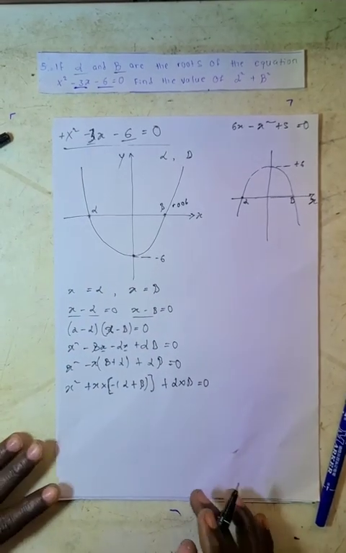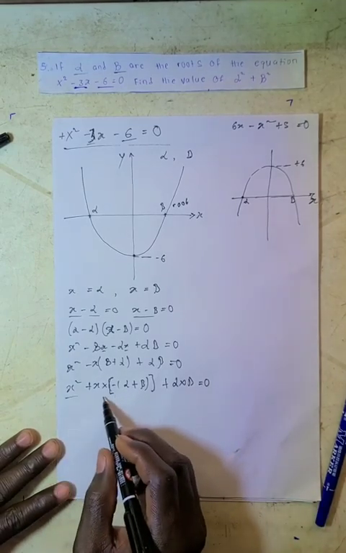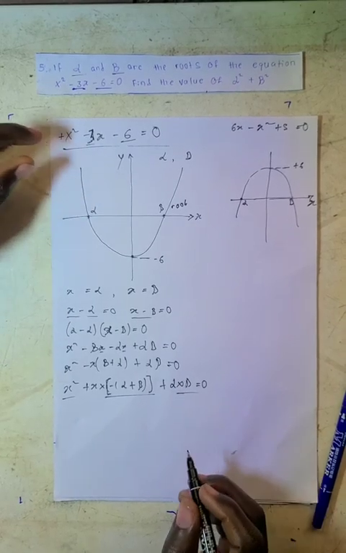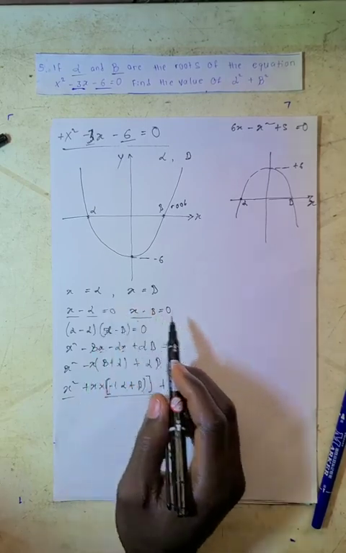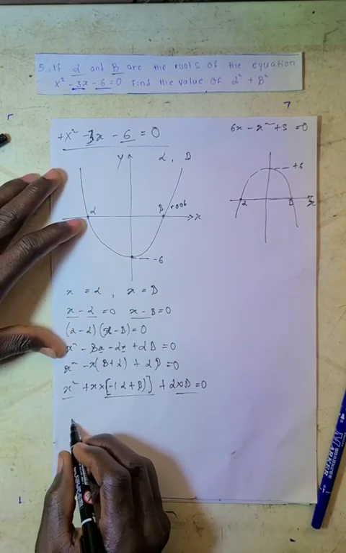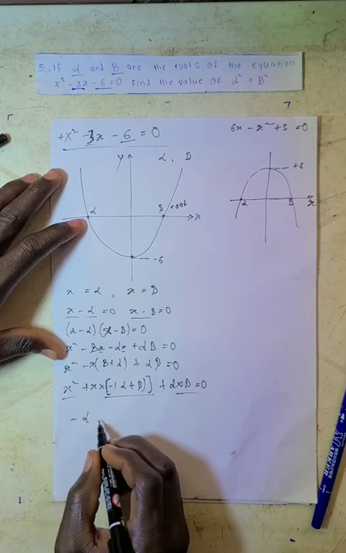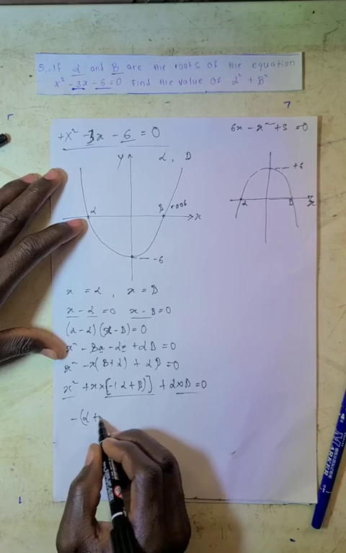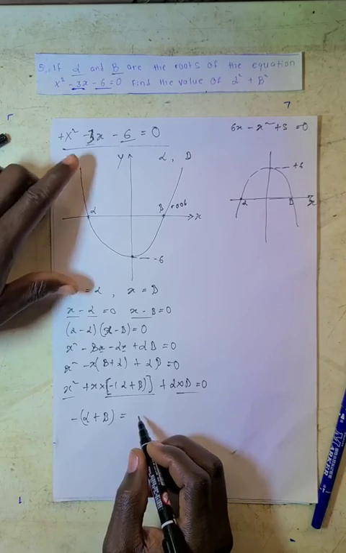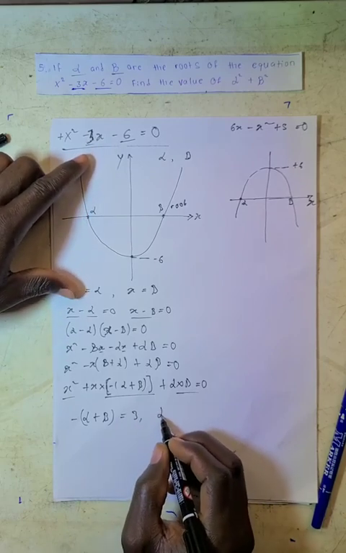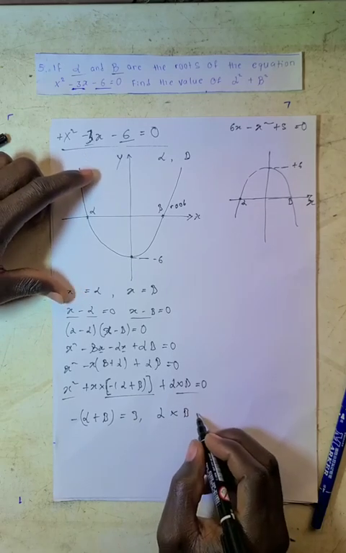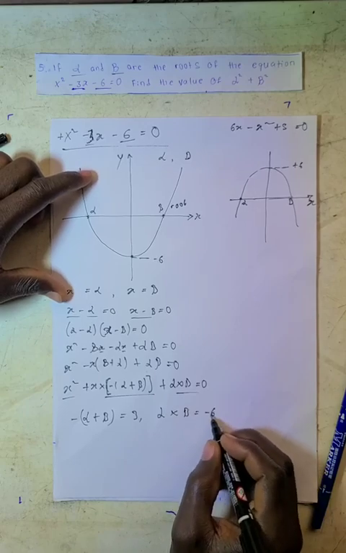So this is one of the most important properties. Compare these two equations. The first one is telling you that we already established that alpha and beta are our roots. It means our minus alpha plus beta is equal to 3, and then alpha times beta is equal to minus 6.